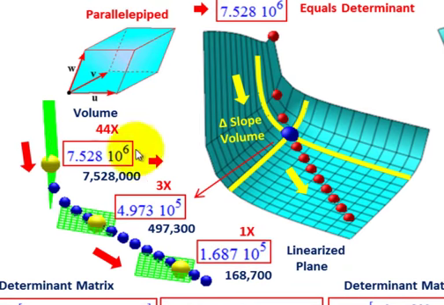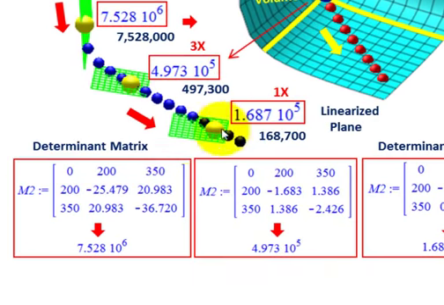And then, of course, the last one here, that 44 times, that was 7,528,000. Okay, so that's what we're talking about when we're talking about determinants and volumes. And in this case, we're able to look at this point based on a tangent plane, based on a Taylor expansion.